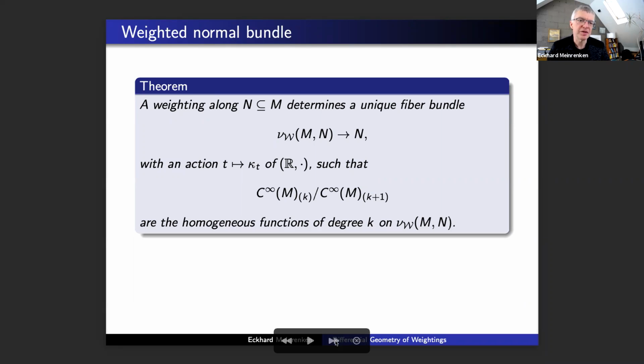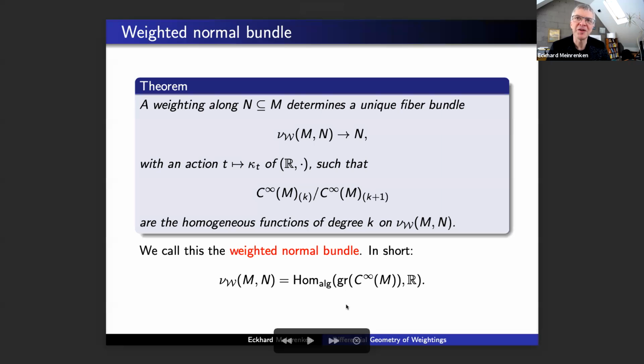In other words, we take the associated graded of this filtered algebra, then we have a graded algebra, and then we take its Spec, the homomorphisms into R. I should say that this viewpoint was very much influenced by my reading of the paper of Nigel Higson and Harsh Sadhek, to use these Spec definitions even in C-infinity differential geometry.